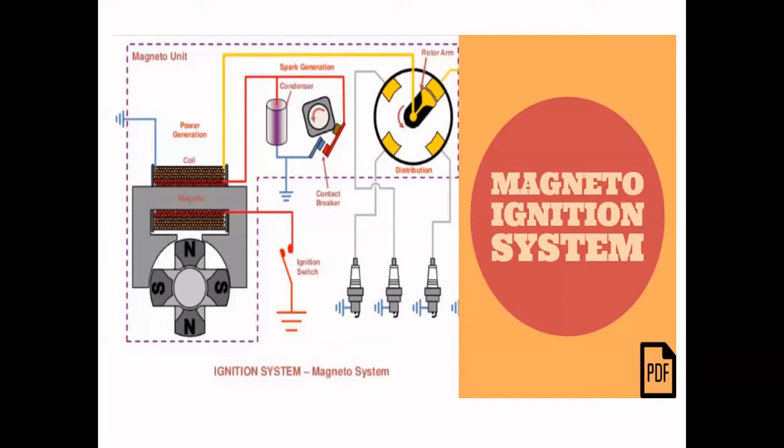You can see the point. Once the current flow through the coil is reduced, the overall magnetic field generated by the magneto is also reduced. That means the magnetic field which is produced starts collapsing.